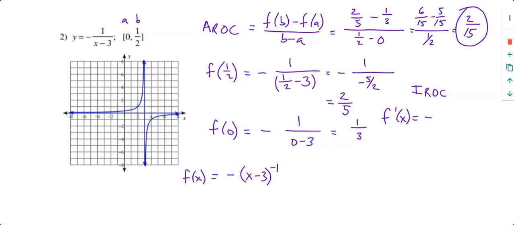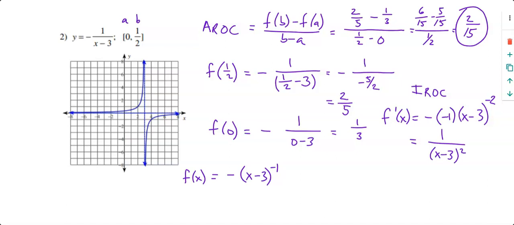Power rule for derivatives says the derivative is equal to the power times the function raised, we're going to lower the power by 1. So this becomes 1 over x minus 3 squared.